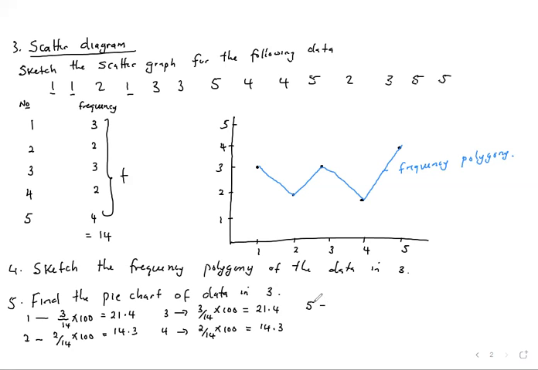Then 5, 4 over 14 by 100. That's 400 divided by 14. That's 28.6. And then you now form the pie chart of this thing.